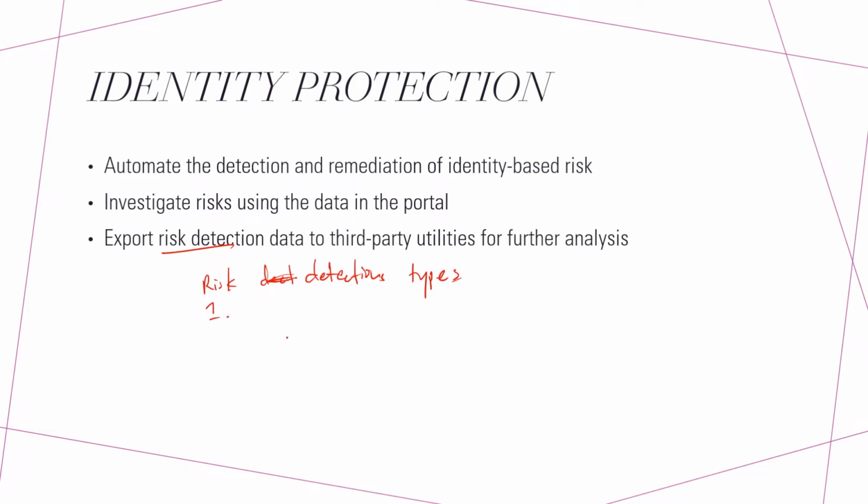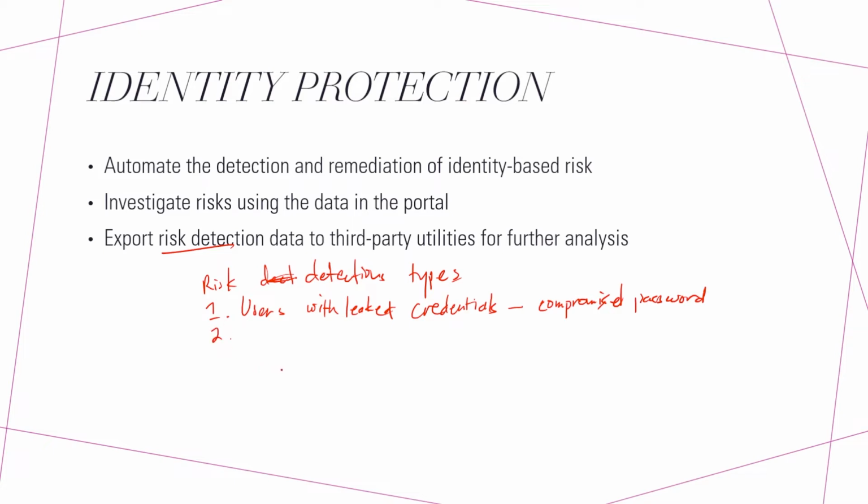So the first type of risk detection is users with leaked credentials. This is when a user's password has been compromised and distributed into the online world, into the internet, available to hackers. Azure AD identity protection can detect that. So in other words, compromised passwords.